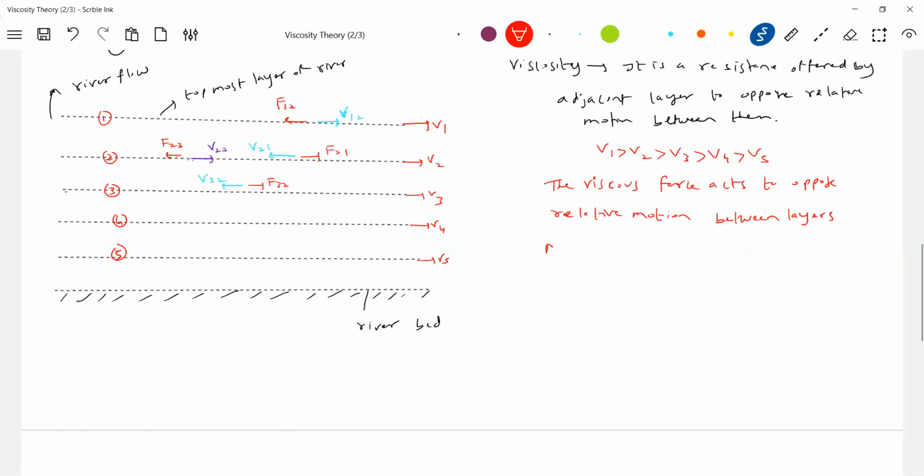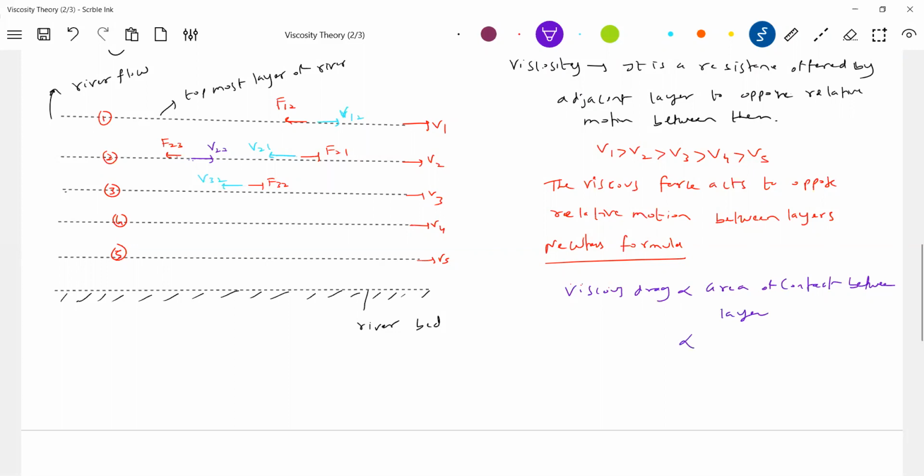According to Newton's formula, the viscous drag is directly proportional to the area of contact between layers, directly proportional to the relative velocity between layers, and inversely proportional to the perpendicular distance between layers.